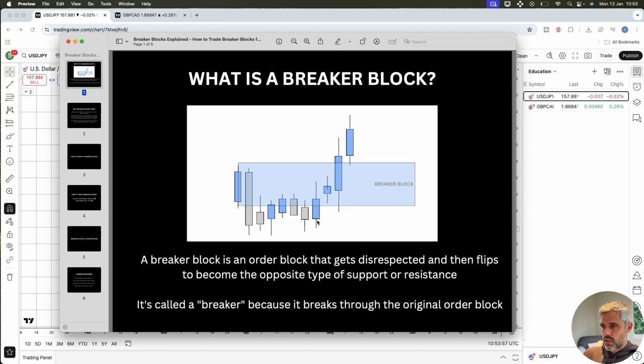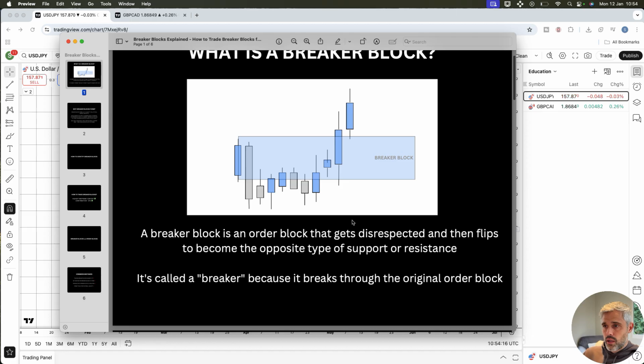What ends up happening is that price just trades through, and then basically you can use this level right here to take trades higher, because you've essentially got a break of resistance or a flip zone that broke through that order block and represented that there was more demand in the market than supply.